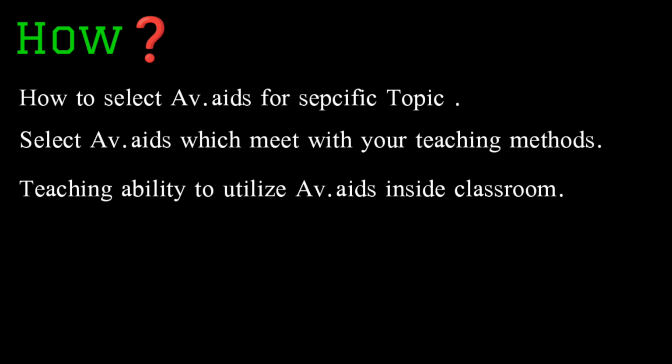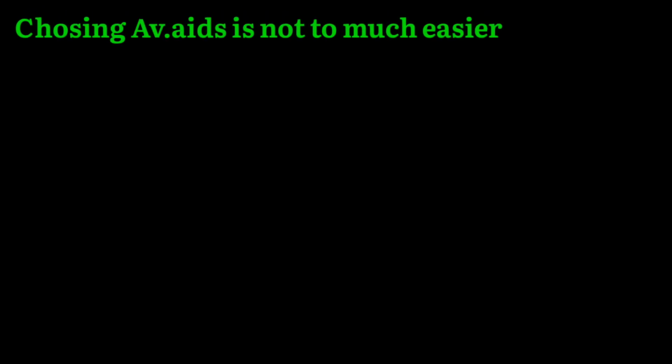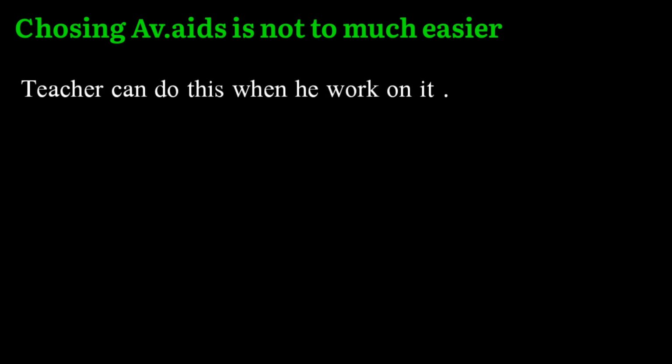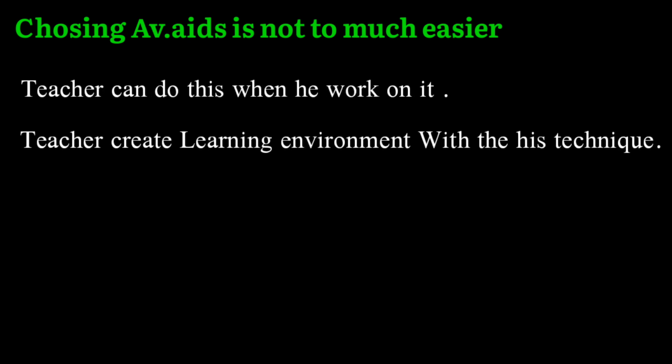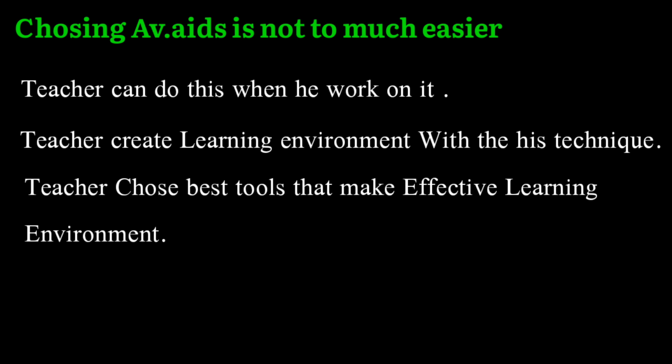Choosing AV aids is not easy for everyone, but when you think like a teacher, then you realize what is best for the best learning environment. The teaching profession always needs clarity and concepts.